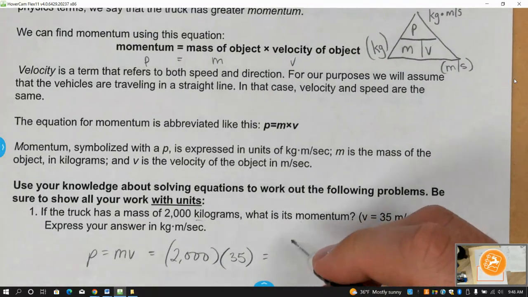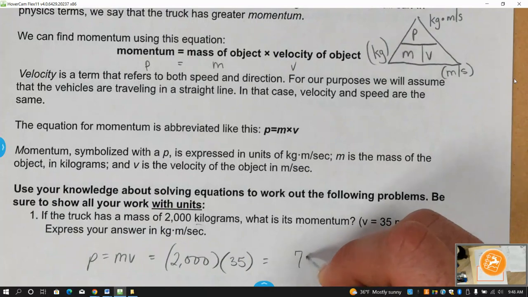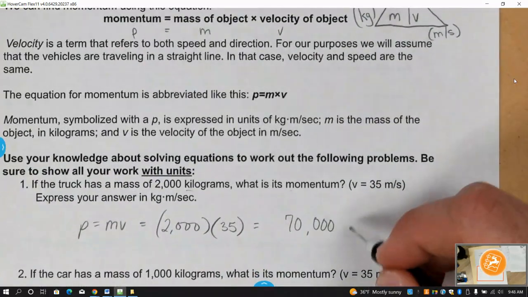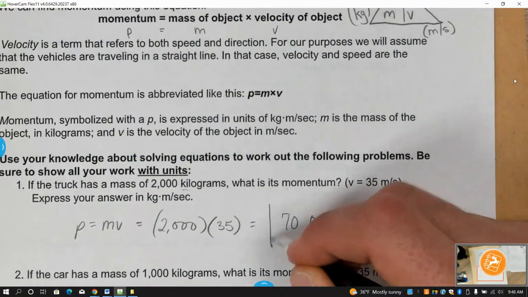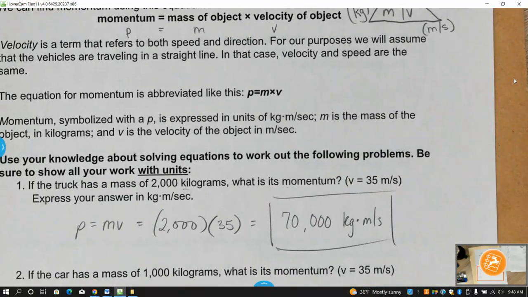Multiplying those out, we should get an answer of 70,000. And since we're dealing with momentum, kg times meters per second. All right, pretty simple. Should be.